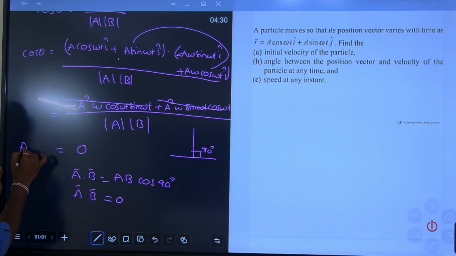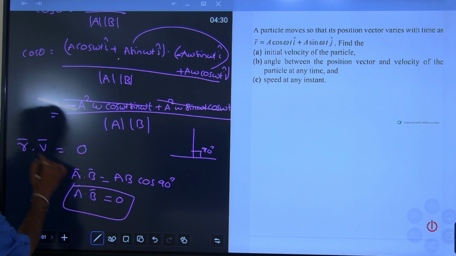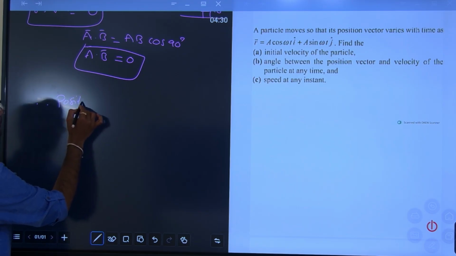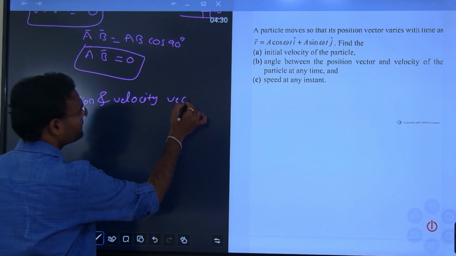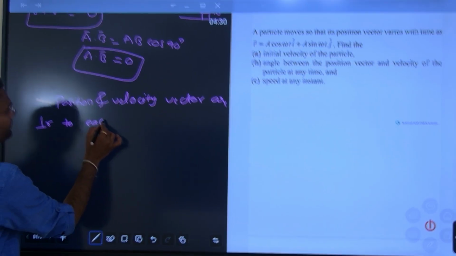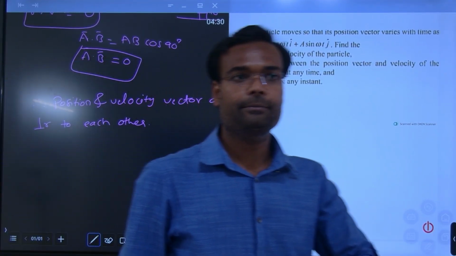That means here also we got the angle between the position vector and the velocity vector as 90 degrees. Therefore the position vector and velocity vector are perpendicular to each other. I hope I am very clear on the second point.